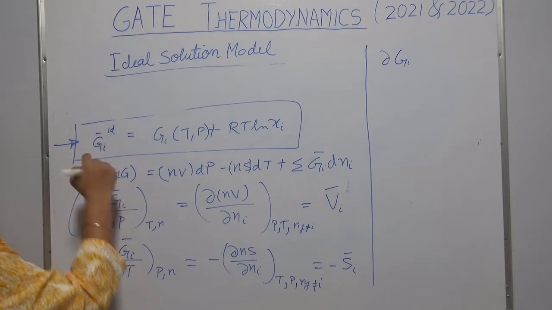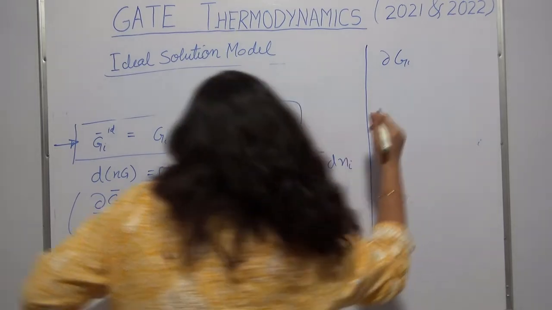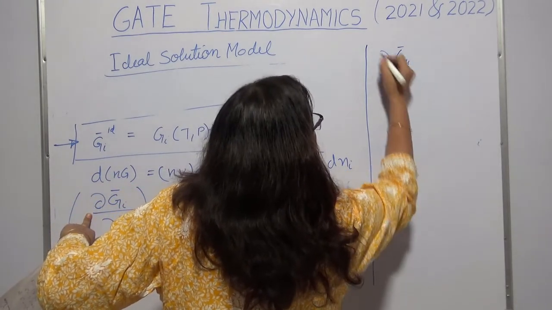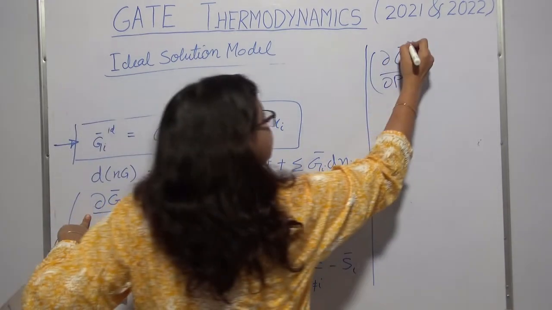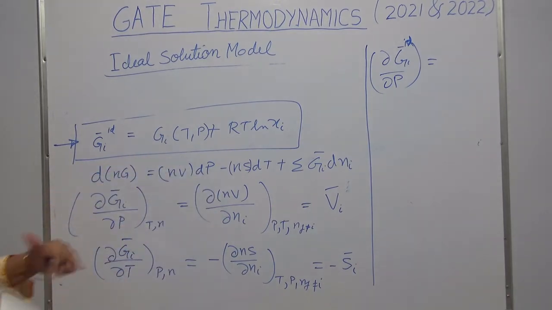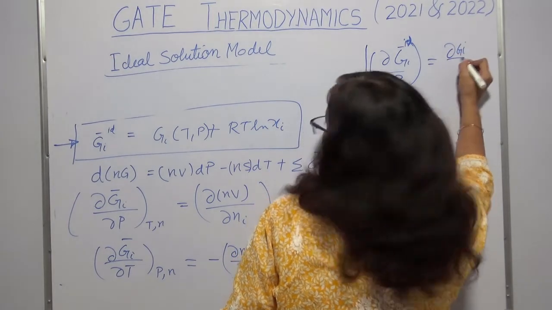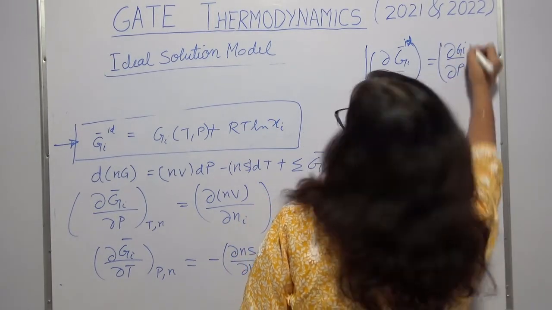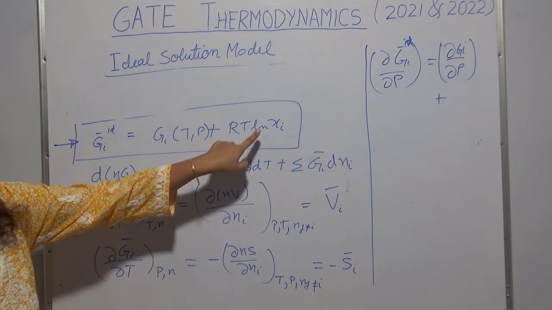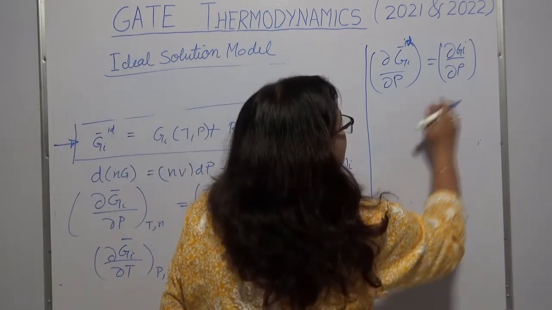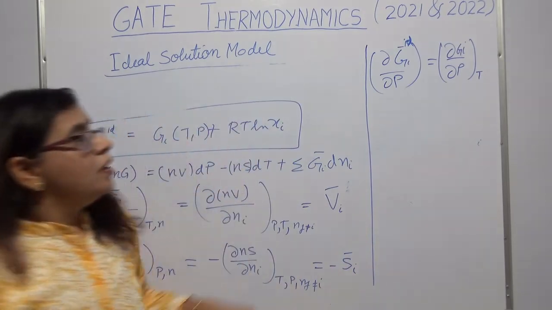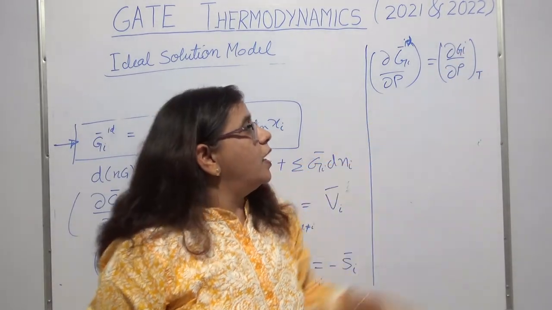So ∂Gi bar by ∂P, for ideal solution, since temperature is kept constant, will be equal to ∂Gi by ∂P, plus, now I am keeping N also constant, T constant, so derivative of this term will be 0. So what I am left with is only ∂Gi by ∂P, which is carried out at constant T.